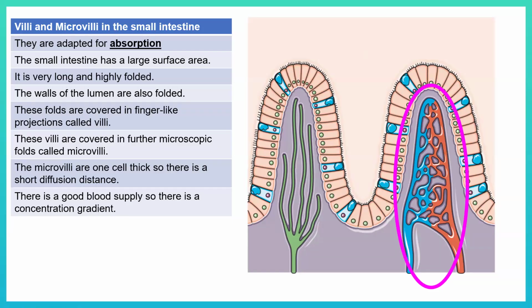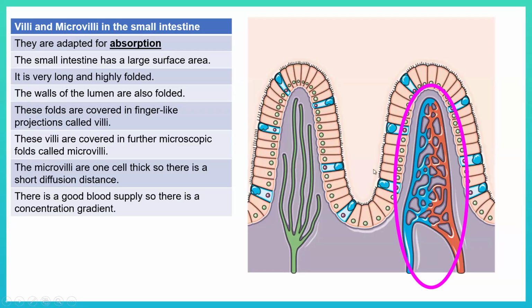This makes sure there's always a concentration gradient. You'll see why that's important today. So a short diffusion distance, 1 cell thick, and a good concentration gradient for nutrients to move. So there's always a difference in concentration between inside the lumen and in the blood. There's always going to be more sugars or whatever in the lumen and less in the blood.